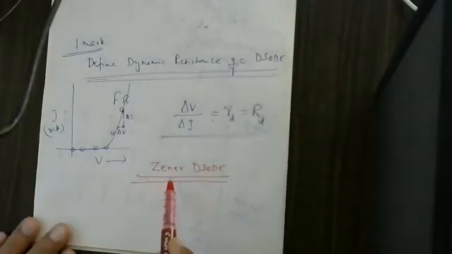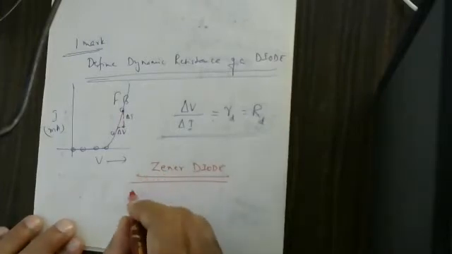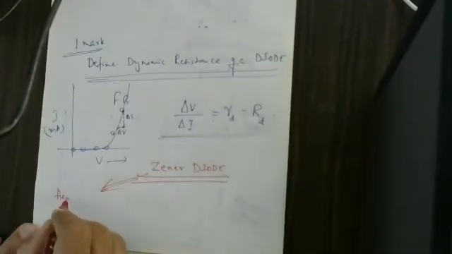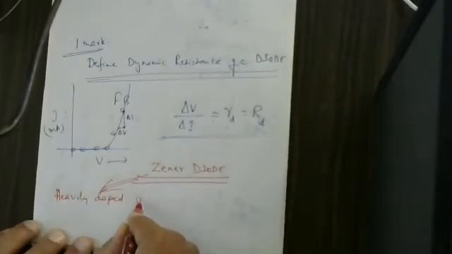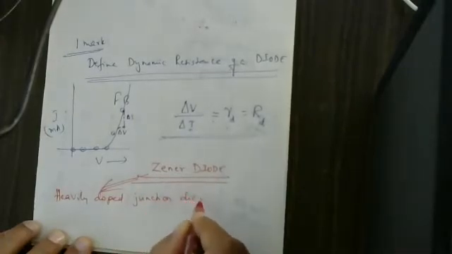Therefore, a Zener diode is a specially made device, a heavily doped junction diode. Basically, this is a heavily doped junction diode, nothing else. It is also a junction diode.